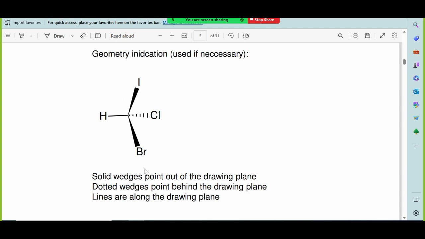The iodine and the bromine in this case are coming out of the screen towards us, and the chlorine is going behind the screen, towards the back. So we represent it with dotted lines, okay? This is just to show that this molecule has a 3D shape.